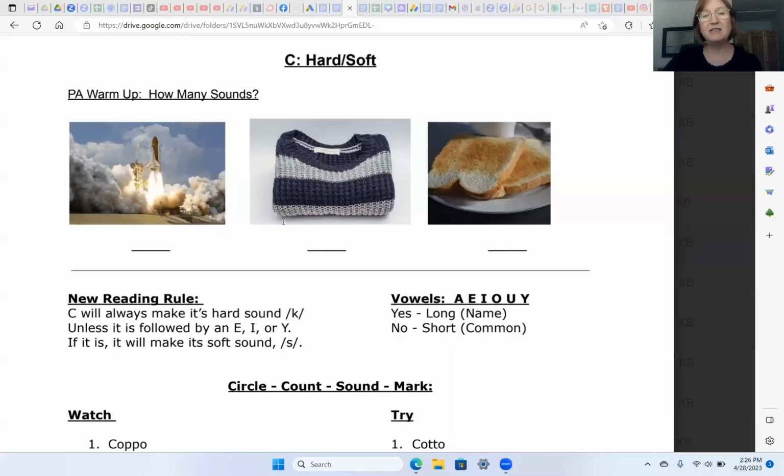How many sounds in sweater? Sweater. There are also 5 sounds in sweater. S, w, e, t, and er. There are 7 letters in sweater, but only 5 sounds.